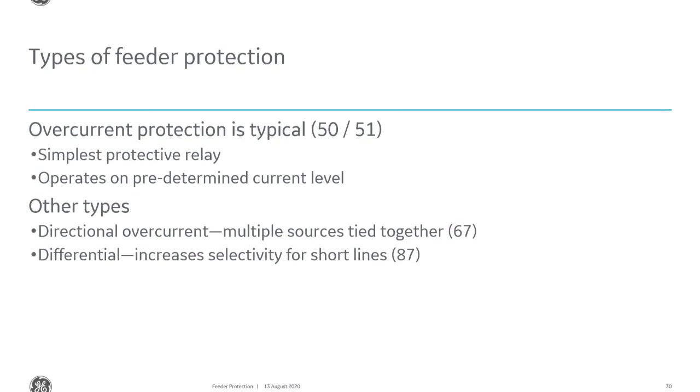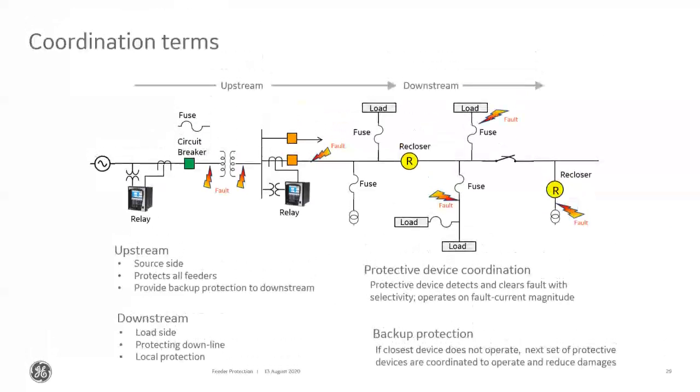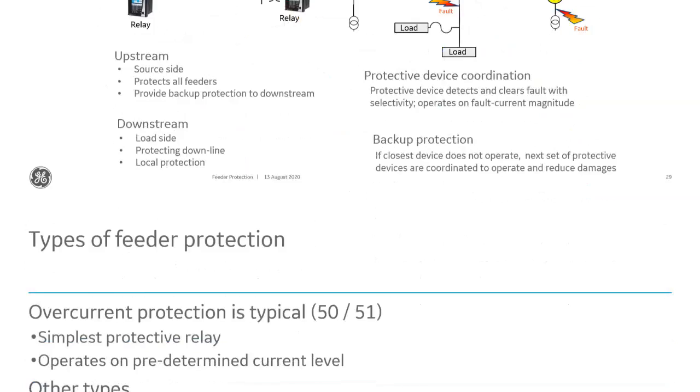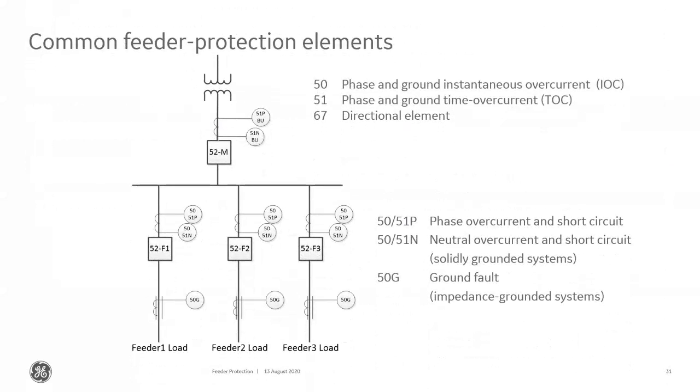But typically, as we talked about in our distribution system, faults are only going in one direction anyway, because the source is behind, it's upstream. So you don't usually need to worry about directionalizing overcurrent protection unless there's a source like a generator or something that you need to take care of.